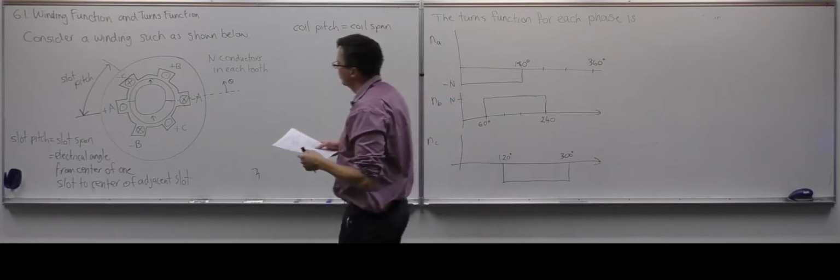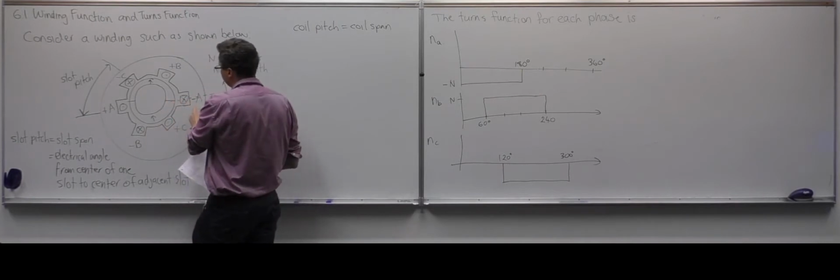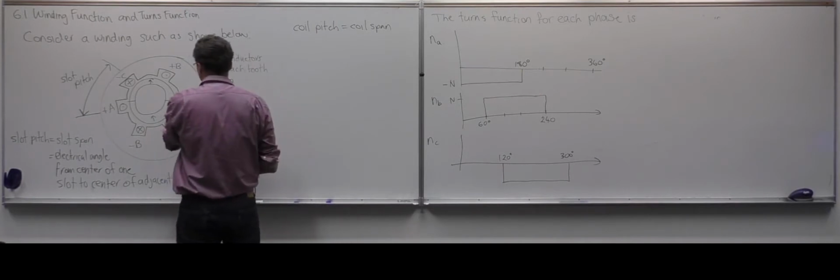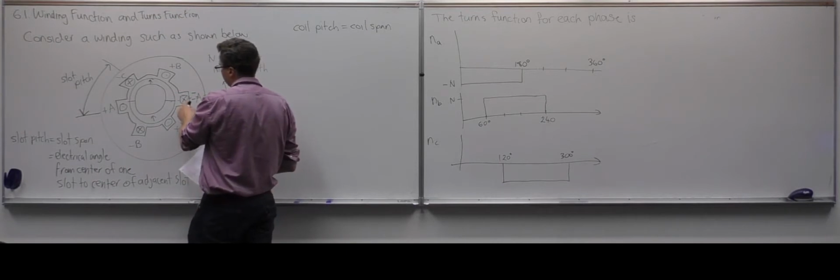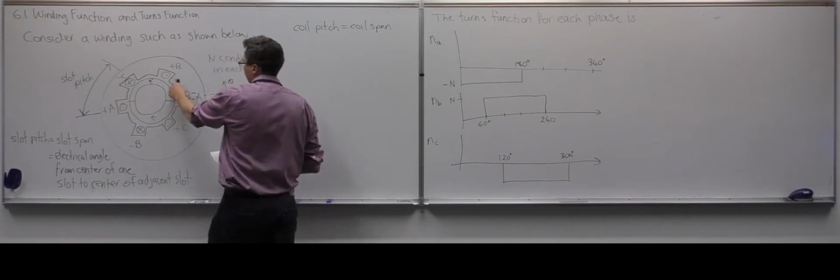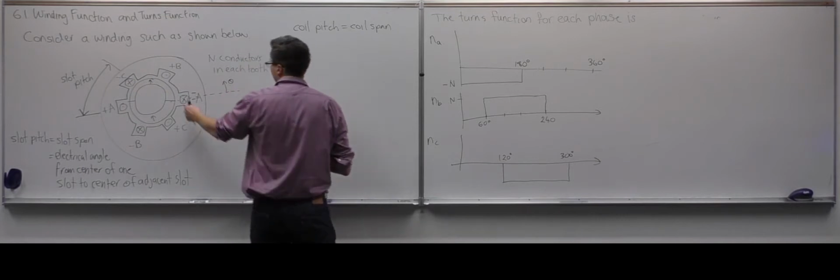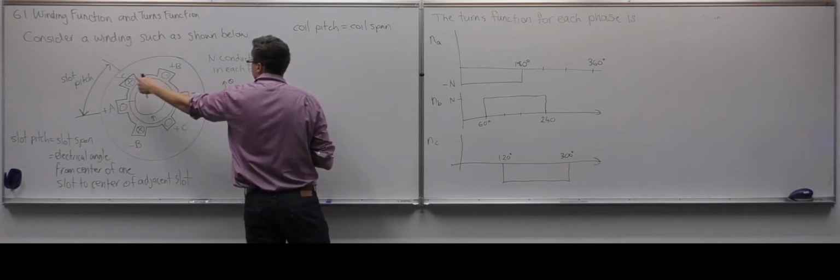So in this example, the coil pitch is 3 slots. So for the phase A, it's from the first slot to the 4th slot, right? So it's going across 3 teeth. So these are slots and these are teeth. Slot, teeth, slot, teeth.